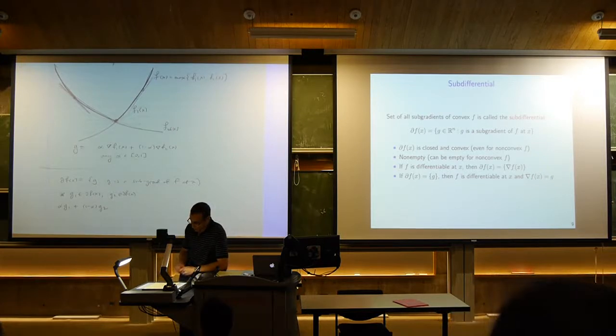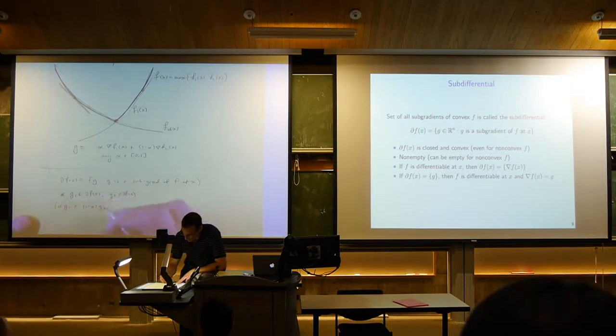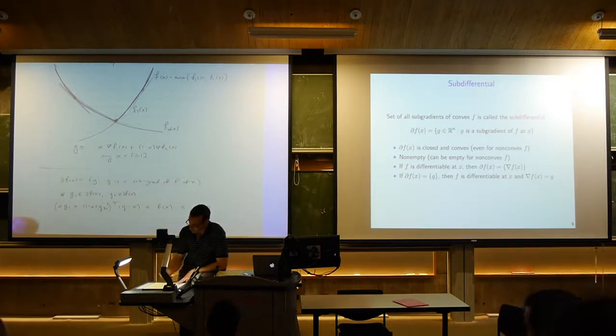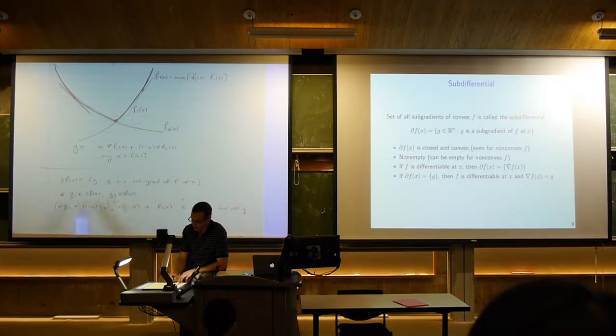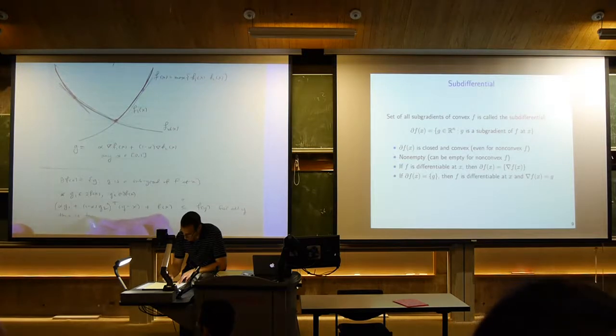Then we want to prove that if we were to take the inner product of this guy with y minus x, and add f of x to it, that would be less than or equal to f of y everywhere. So if that's true for all y, then we would have proved that this is a convex set, right? Because I can take any convex combination of valid subgradients and I get a valid subgradient. So this is true because it's true at g1.